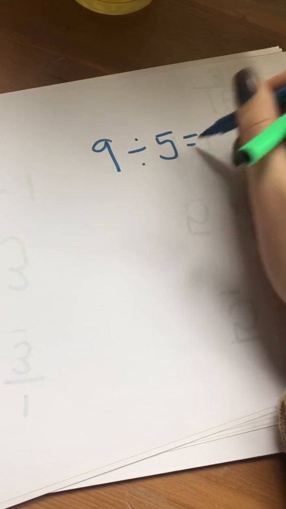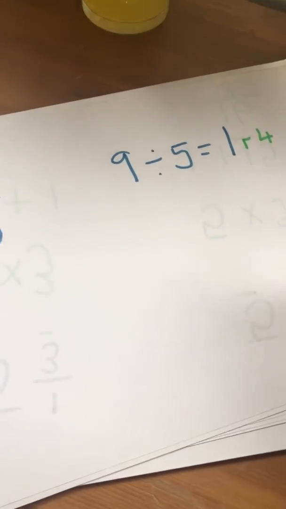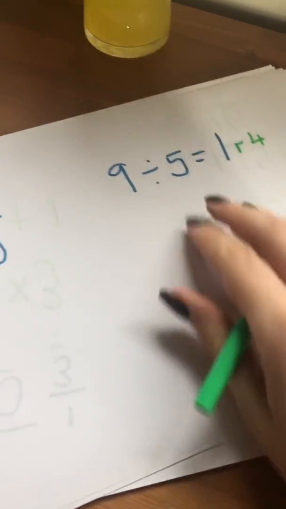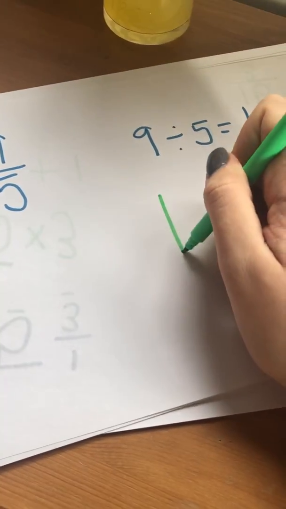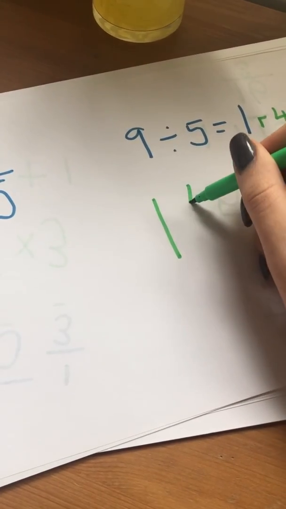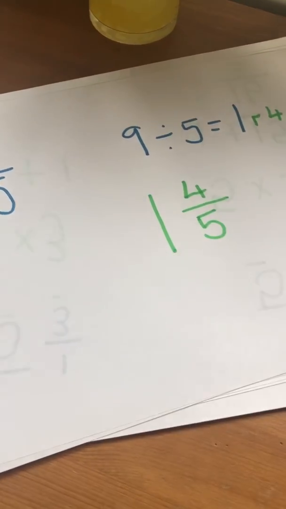Now I know this answer is 1. There's going to be a remainder of 4, because 5 only goes into 9 once and there's 4 left over. So I know that there is 1 whole on that one. And because there's a remainder of 4, it's going to be 4 and 5.